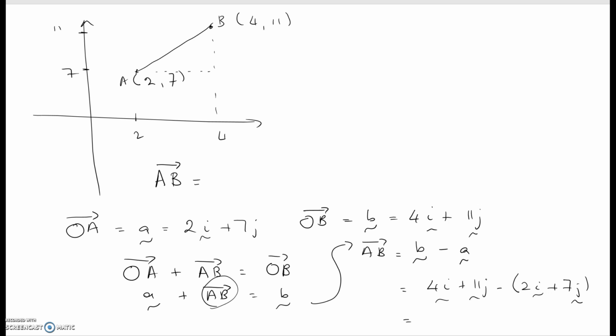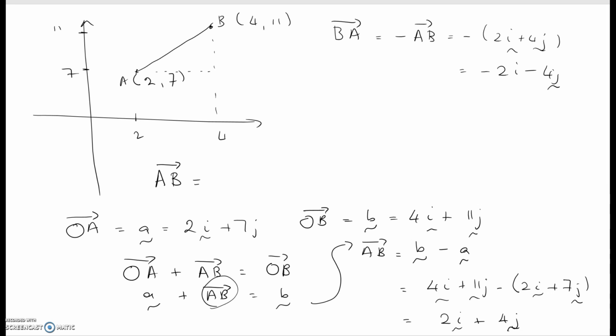So as before, 2i plus 4j. If we needed to find BA, then that's going to be the opposite of AB. So that's going to be the opposite of what we've just found. That's negative 2i minus 4j.